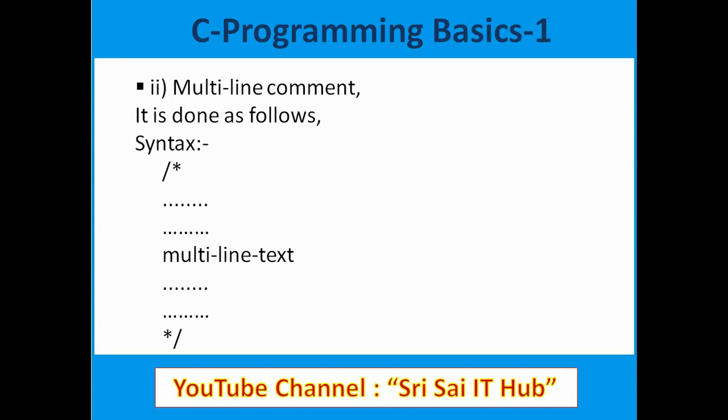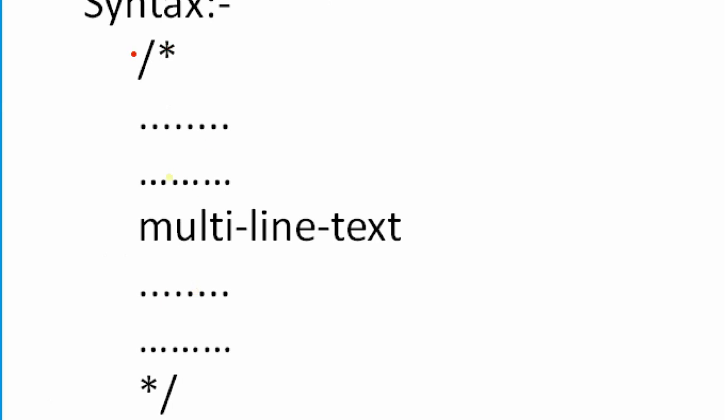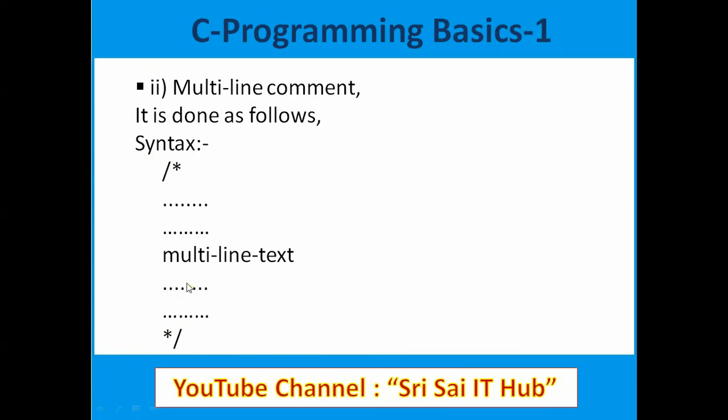Here forward slash star indicates the beginning of the multi-line comment, and star forward slash indicates the end of the multi-line comment. Inside this we can write n number of lines of comment, or description or information about a program.